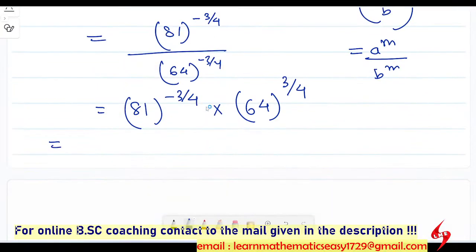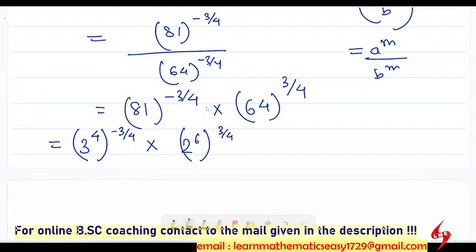Okay, now 81 means 3 to the power 4, and 64 means 2 to the power 6. Here the powers get multiplied.